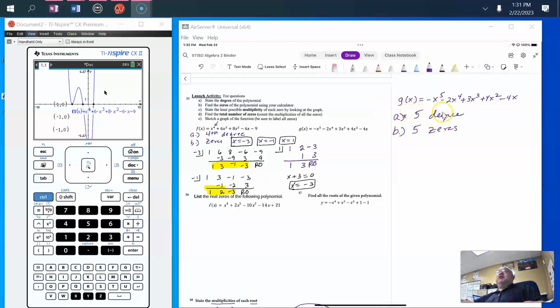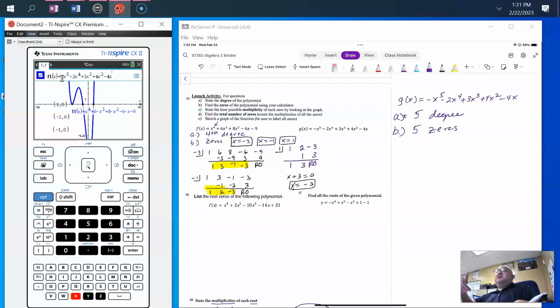So remember the shortcut, because it's asking me to use a calculator. So I'm going to go ahead and click on this. I don't have to do double the work, so I'm just going to erase all this. So I start with negative x to the 5th power minus 2x to the 4th power plus 3x to the 3rd power plus 4x squared minus 4x.